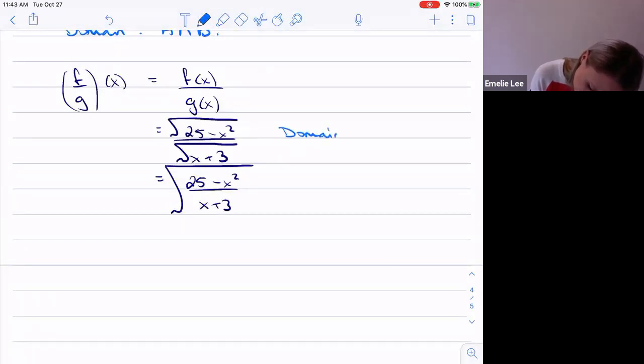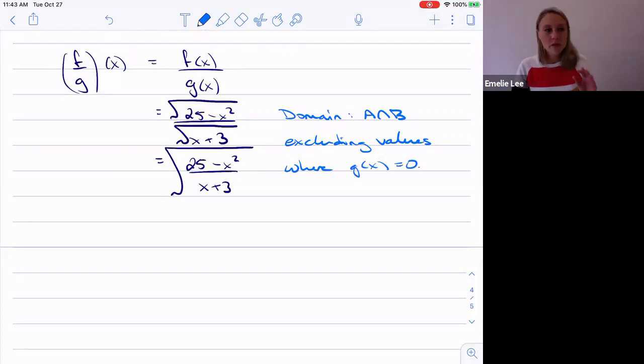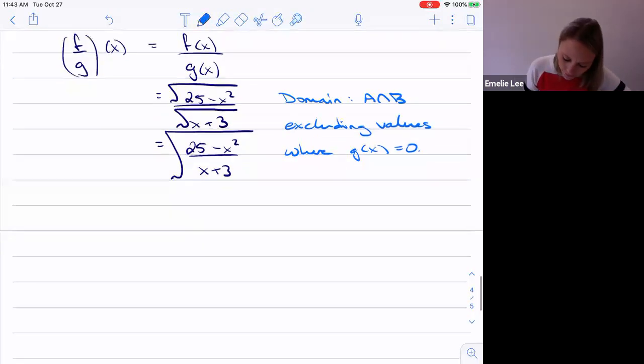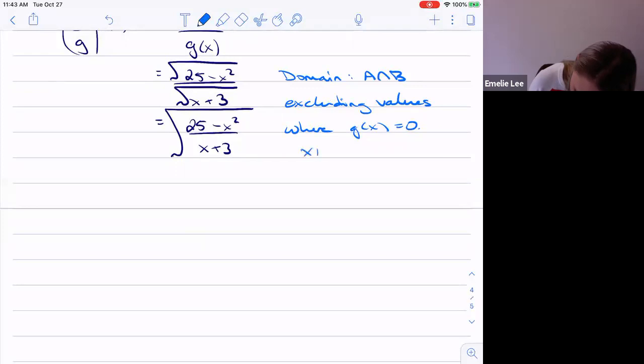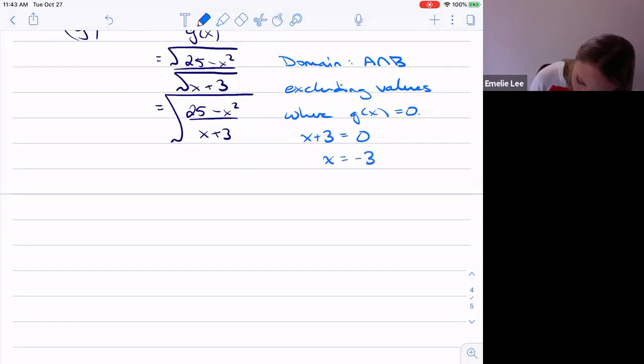Now the domain is A and B excluding values where g of x is equal to 0. So g of x is the root of x plus 3. G of x is equal to 0 when the root of x plus 3 is equal to 0. The root of x plus 3 is equal to 0 when x plus 3 is equal to 0. So that's at x equals negative 3.